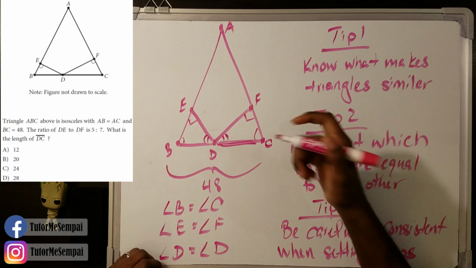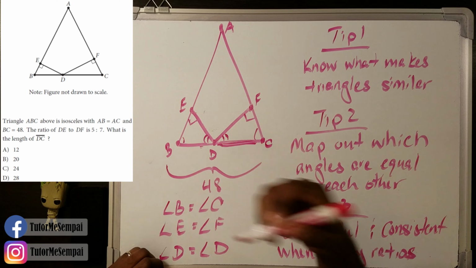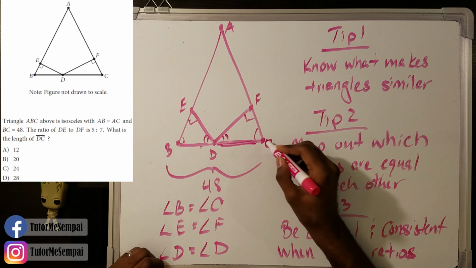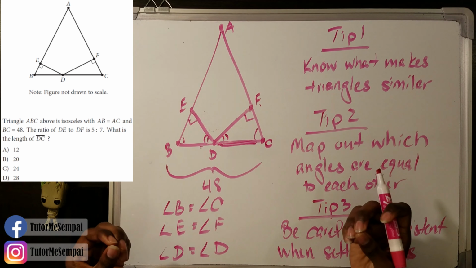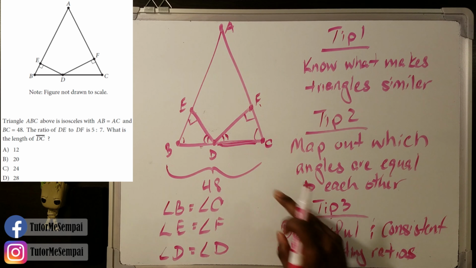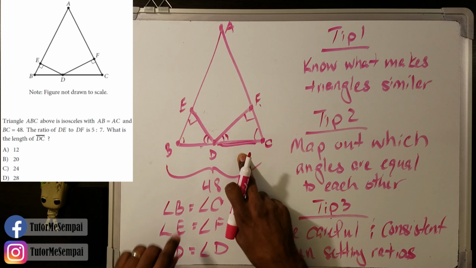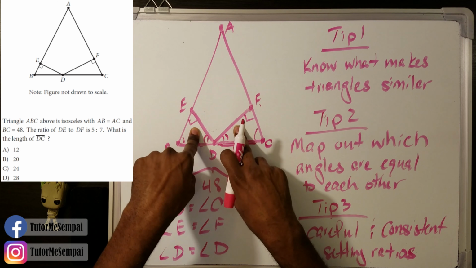We're going to do this side over this side equal to this side over this side. We don't worry about these other sides of the triangles because they don't add any information for what we're trying to find. Since we're trying to find DC, it should be in our proportion. And since they already gave us the ratio of these two sides, those are also going to be in our proportion.